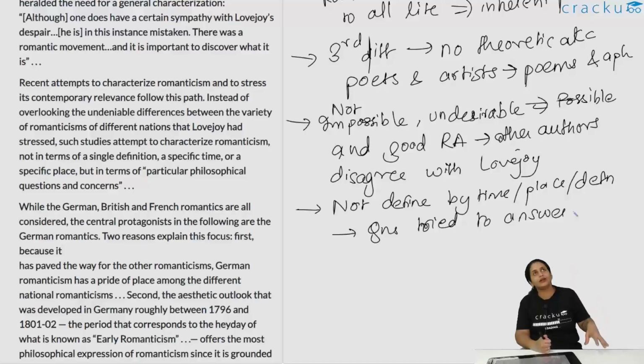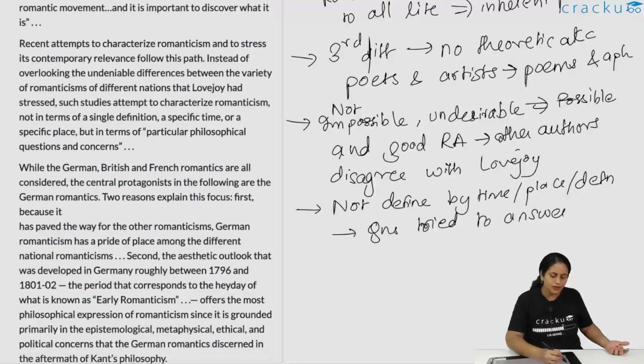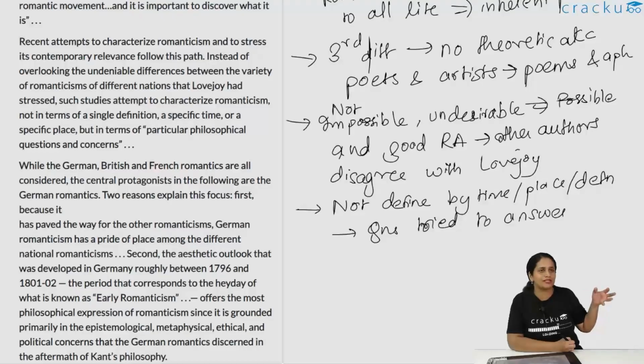But you can define this movement by the type of questions they try to answer. So instead of saying, okay, this is the CAT exam which takes place every year in November, you say that the CAT exam tries to answer questions of this type, where VARC questions are asked, quant questions are asked. So essentially you are not defining the movement by essential characteristics, but by the type of questions they try to answer.